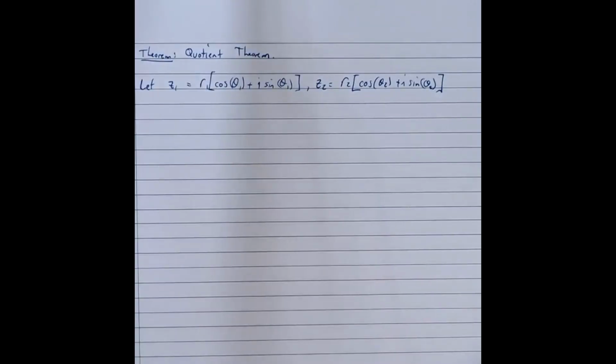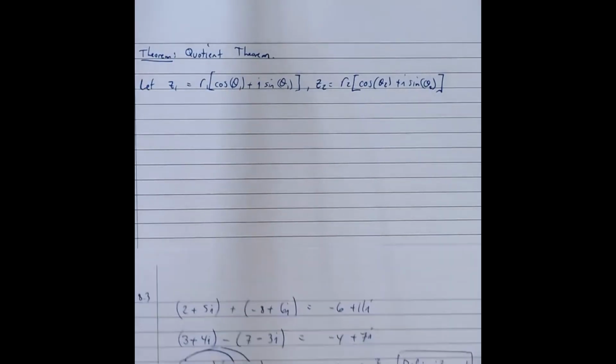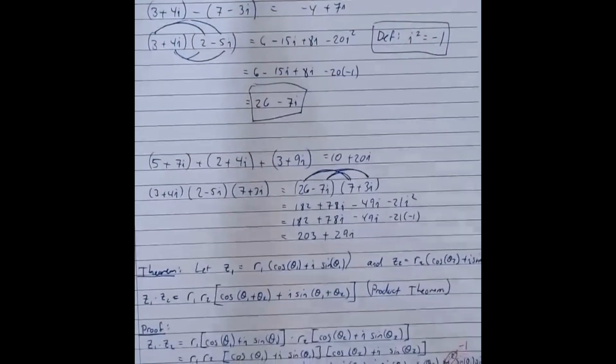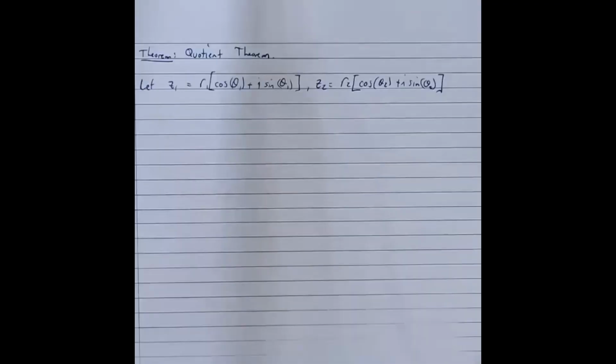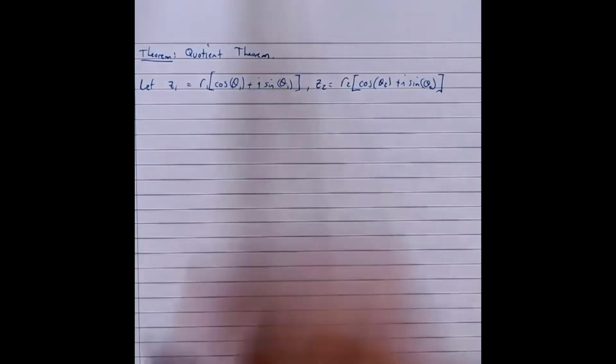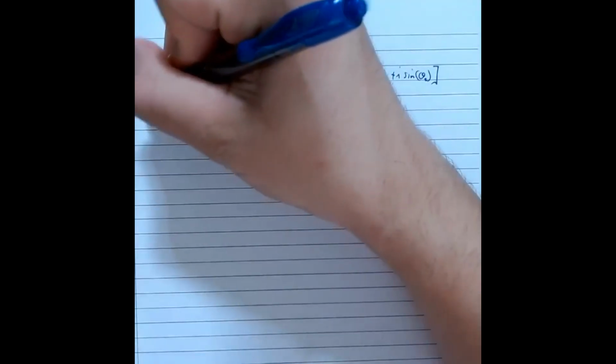The quotient theorem says something very similar to the product theorem. The product theorem tells us that if I want to take those two complex numbers and multiply, I'm supposed to multiply these moduli, and I'm supposed to add these arguments. Well, here I'm not multiplying, I'm dividing. Multiplication is the opposite of division, so let me do the opposite of what I would normally do.